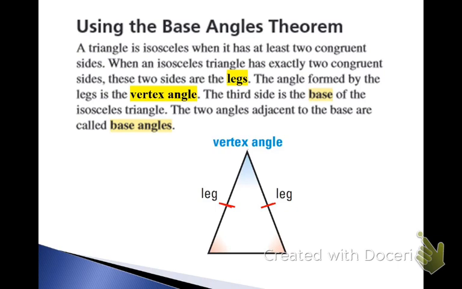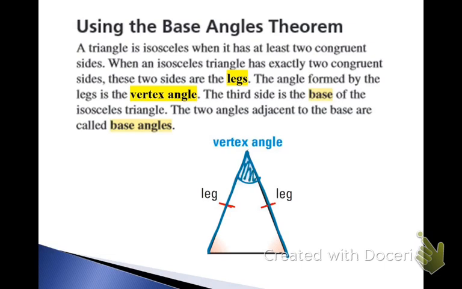It's also a blank. So what that means is where the 2 legs come together, this is what we call the vertex angle.